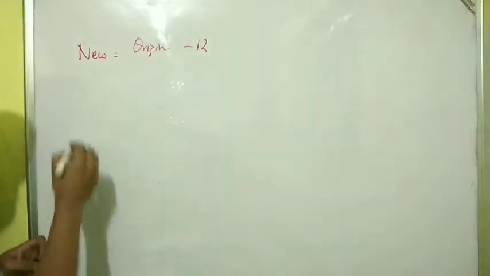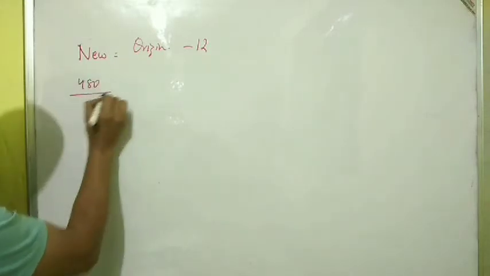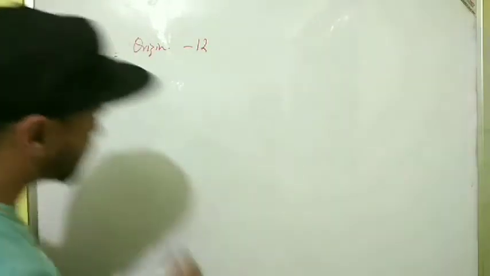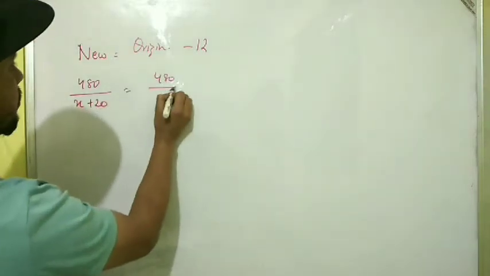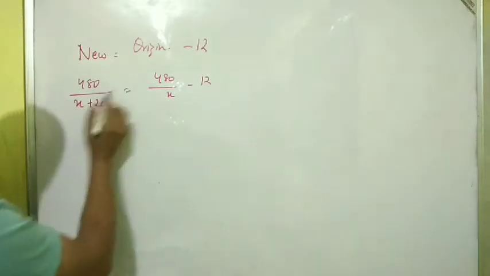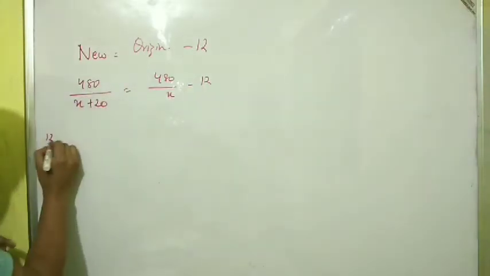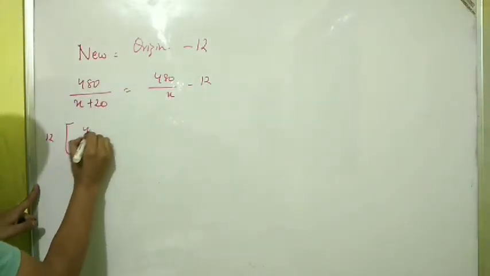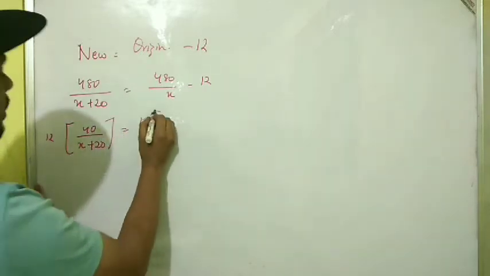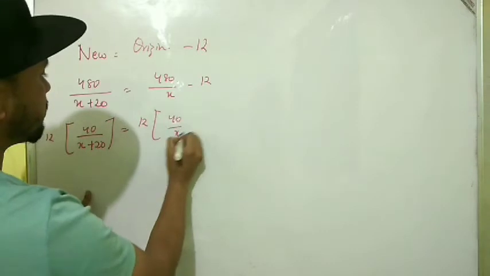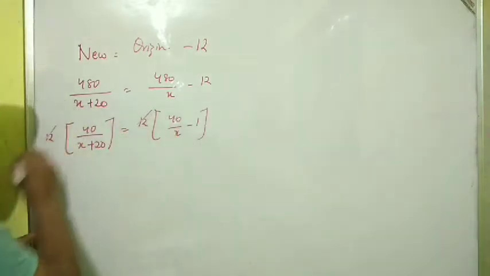So the new student will get 480 divided by x plus 20 is equal to 480 by x minus 12. Since all are multiples of 12, let's take 12 common. So this is 40 divided by x plus 20 is equal to 40 by x minus 1, so 12 will get cancelled.